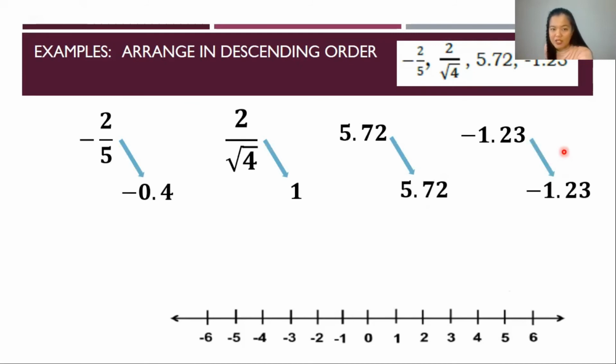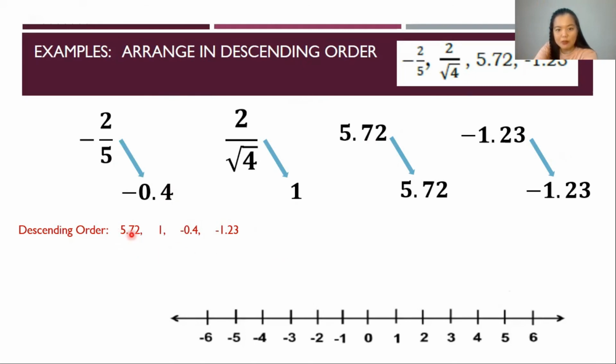And we are to arrange that in descending order. So, the descending order from pinakamalaki hanggang sa pinakamaliit. The first one is 5.72, followed by 1, followed by negative 0.4, and followed by negative 1.23. But that is not what we are going to use, but the numbers that are given.